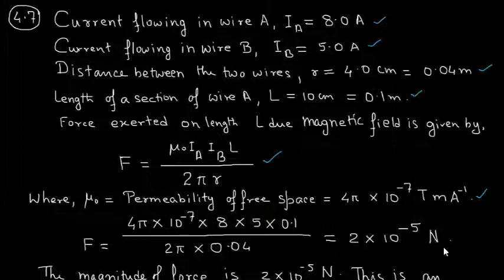Force is equal to 4 pi multiplied by 10 to the power minus 7 multiplied by 8 multiplied by 5 multiplied by 0.1 upon 2 pi multiplied by 0.04, which is equal to 2 multiplied by 10 to the power minus 5 N.